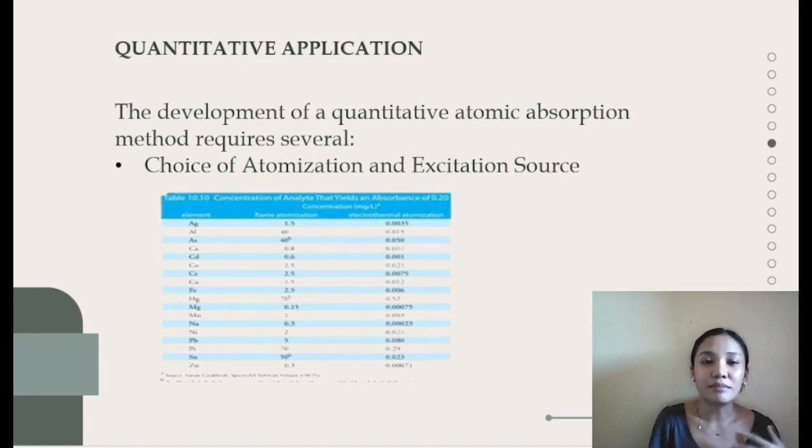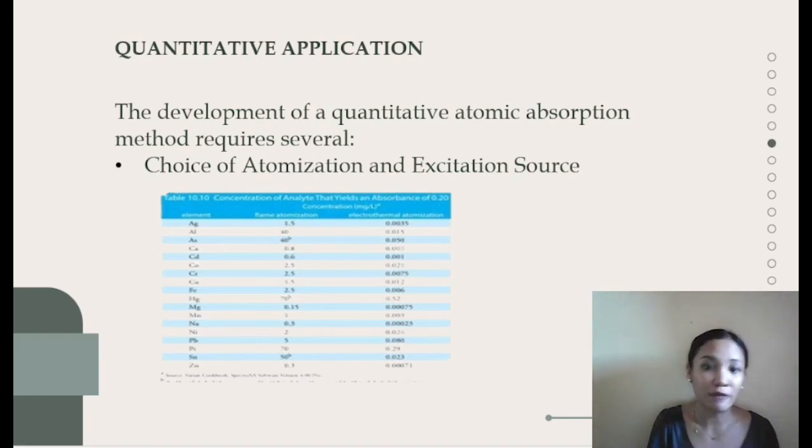So there are so many apparatus that carry out the excitation transition of a sample, and one of which is either a flame or electrothermal source of atomization. Now, the appropriate tool that carries out the atomization and the excitation of our sample depends on the concentration of our sample. For example, if the element is aluminum and the concentration of our sample is 40 milligram per liter, then we are going to use flame atomization.